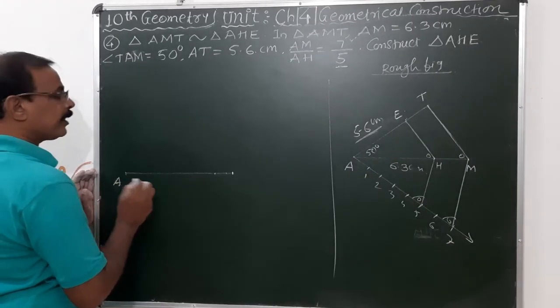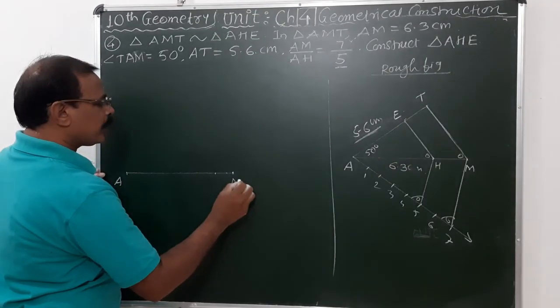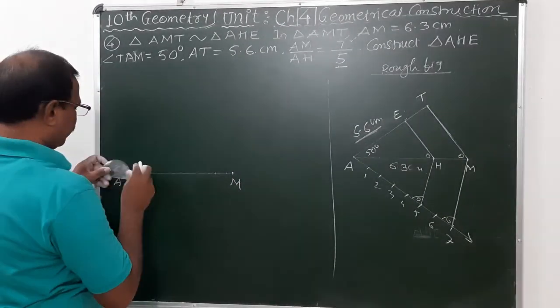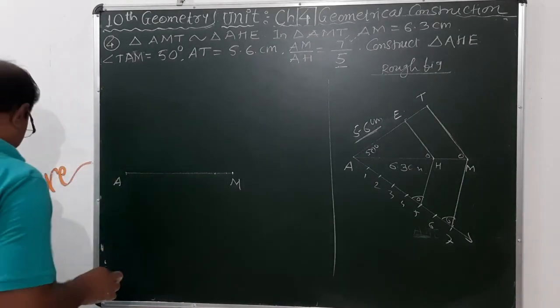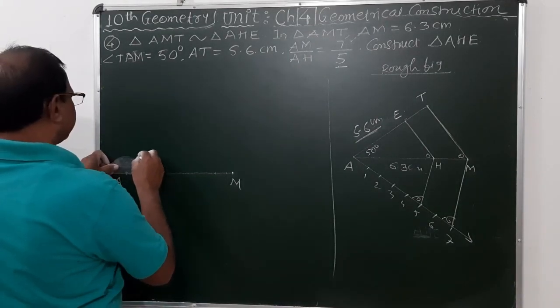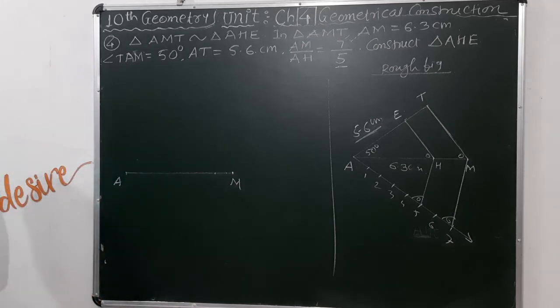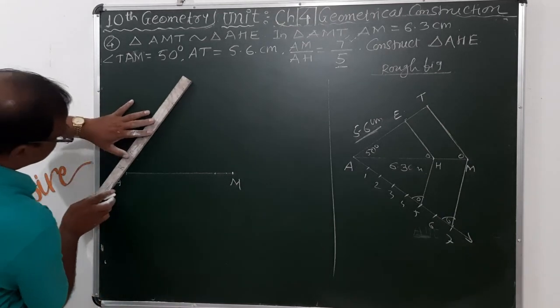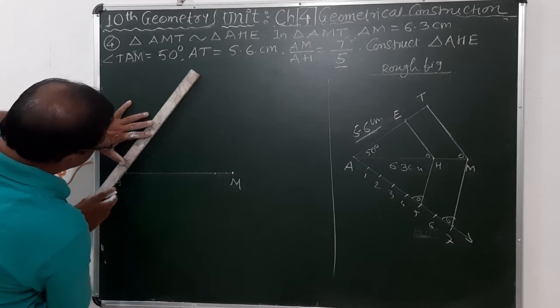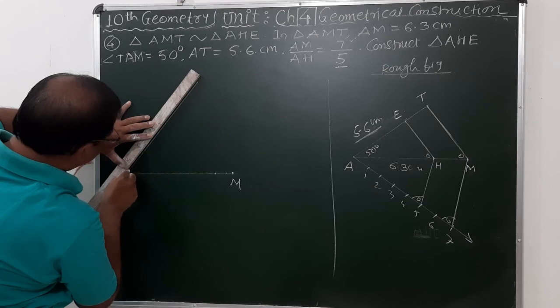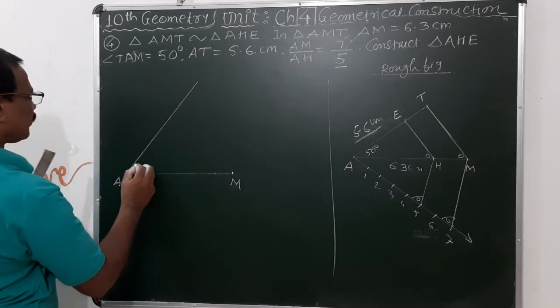This is A, this is point M, AM. Draw an angle A that is equal to 50 degree. This is 50 degree.